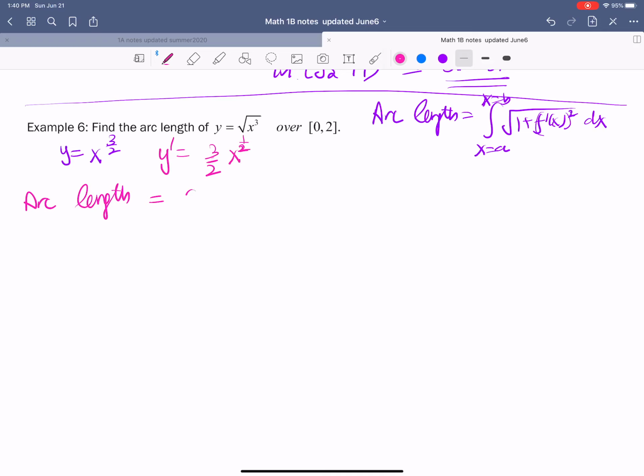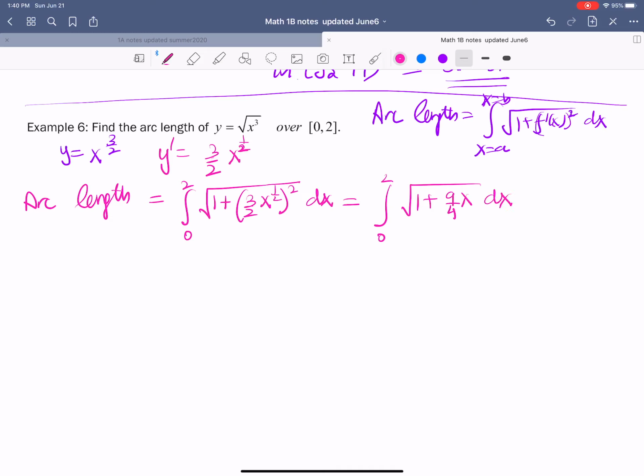Arc length turns out to be, the bounds are from 0 to 2. No need to graph the function. We only need to find the derivative and its square and plug it into the formula. So we have 3 halves x to the power 1 half, squared, dx, which turns out to be from 0 to 2, 1 plus 9 over 4 x dx.